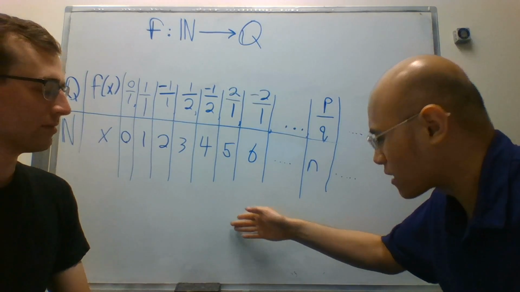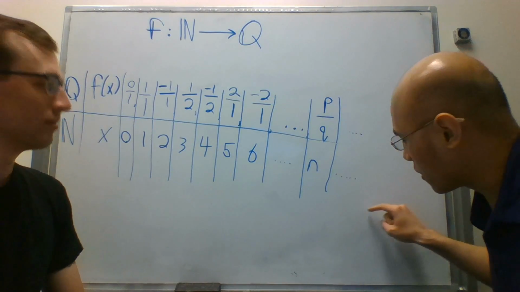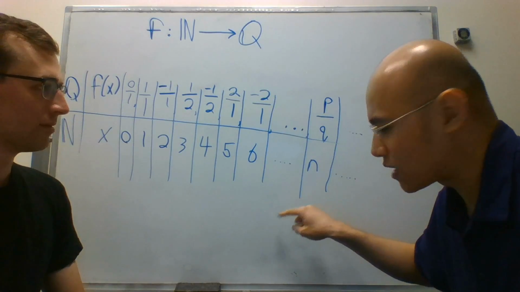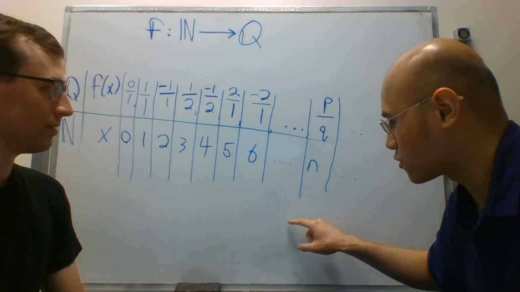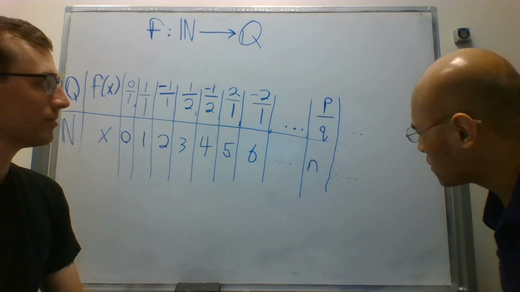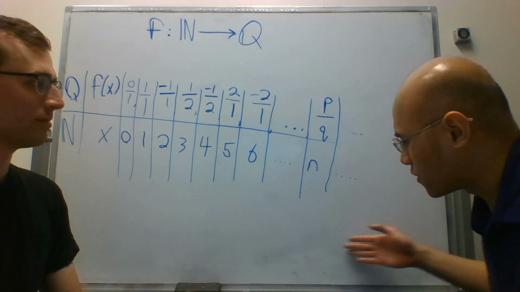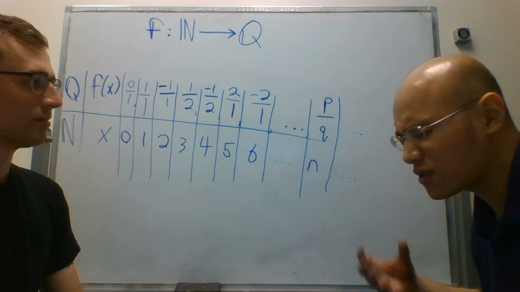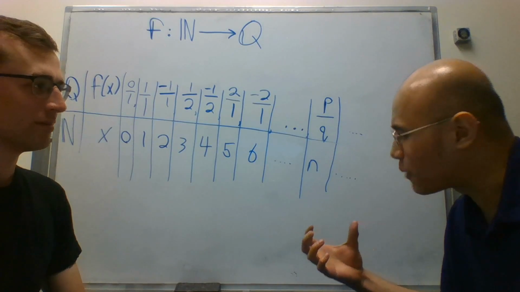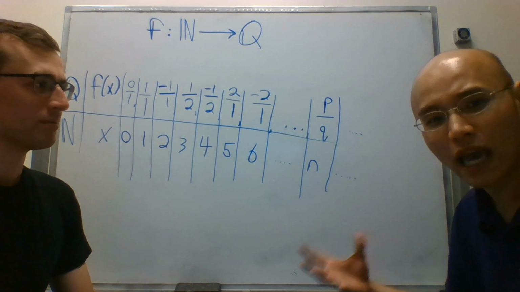Like I said earlier, it's 0.3333333, or if it's periodic, like 1 over 7, it's 0.142857, 142857. And when you see something that has a decimal expansion like that, it's hard to grasp that it's countable. But as this shows, rational numbers are countable.